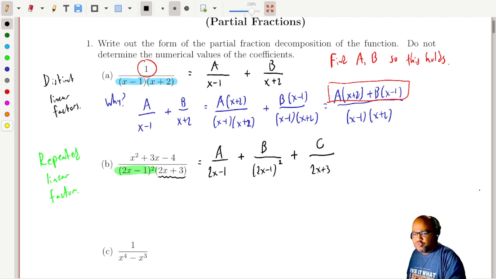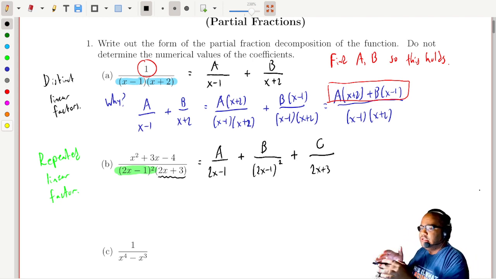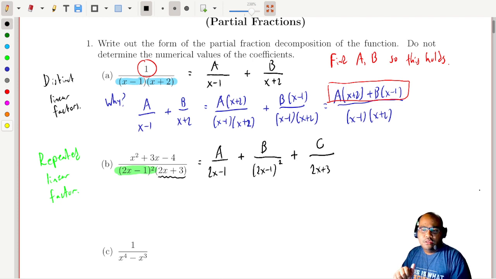Now again, why do we need this extra 2x minus 1 when we have 2x minus 1 squared? Well, if I added those fractions together, 2x minus 1 and 2x minus 1 squared are multiples of each other. And remember, for adding and subtracting fractions, we need a common denominator.